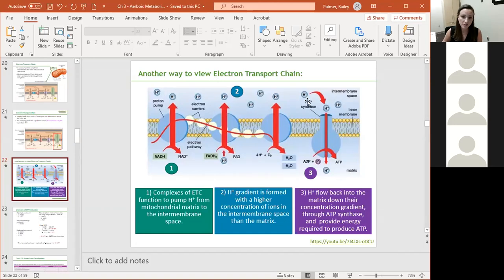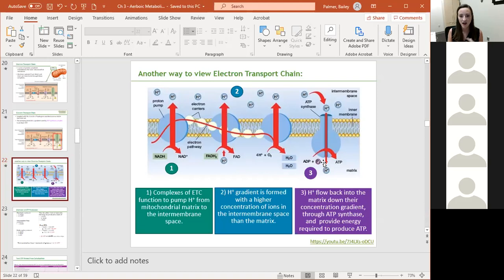And eventually those hydrogens are going to be pumped into this respiratory assembly, also called the ATP synthase complex. The ATP synthase is the enzyme that's going to catalyze ADP and phosphate and turn it into ATP. And we see that down here at the bottom.